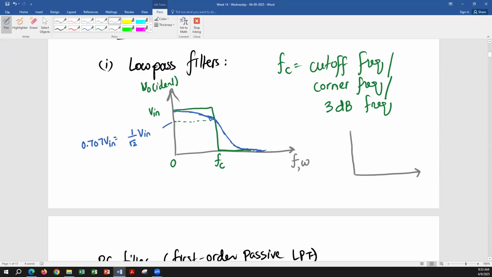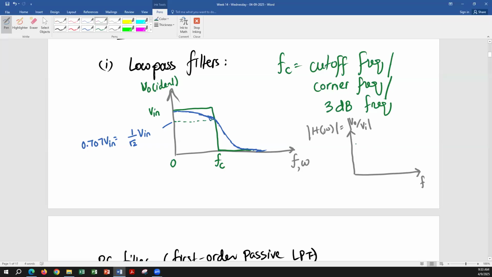So you plot the magnitude of H of j omega, which is the magnitude of the output divided by the magnitude of the input, and this is most of the time plotted to display the frequency response.